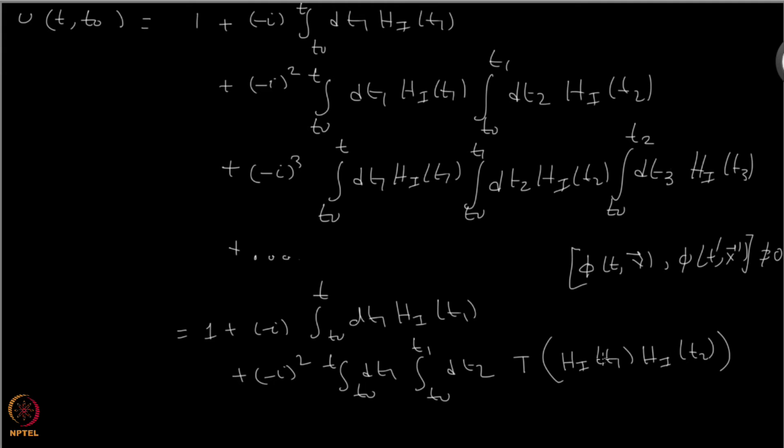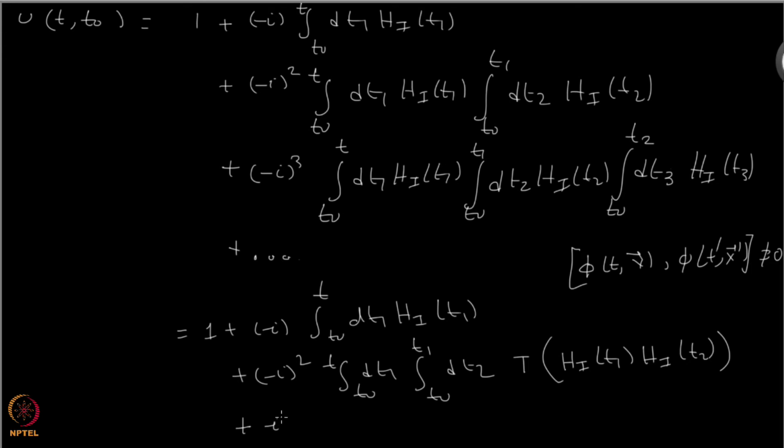Now if you were to interchange Hi of t1 and Hi of t2, so if you put this way and that way, it's still the same, because the time ordering operator knows that it has to put the smallest one first and the second one should be the one with the larger time. So no matter which way you put these H's, the time ordering operator will always make this happen. So it will always put them in the correct order. Okay. So that's the advantage.